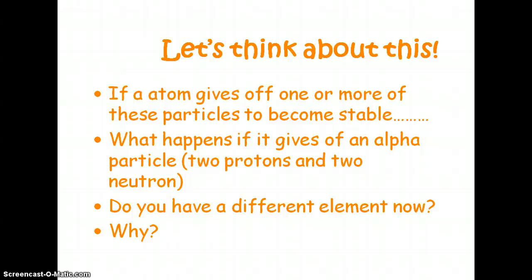Okay? So that's the whole idea, that the unstable nucleus gives off a proton or neutron or some combination thereof through these particles, and then the nucleus of the element changes, or the atom changes, and that can result in a different proton number, which would change the identity of the element.